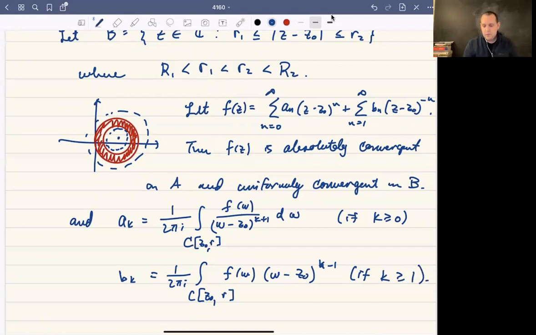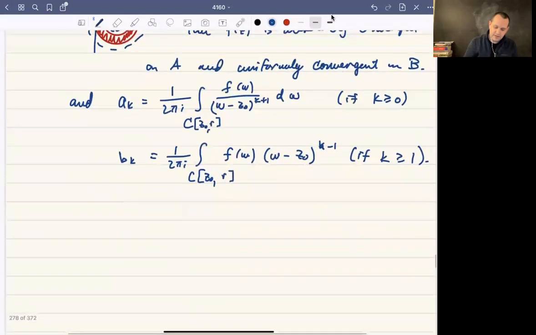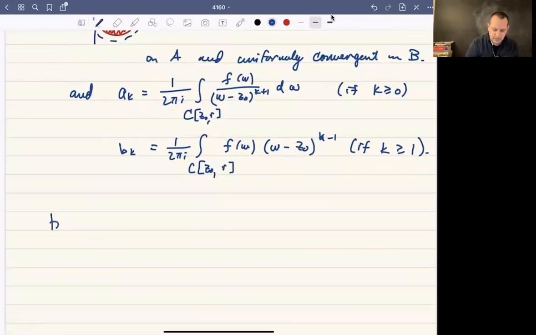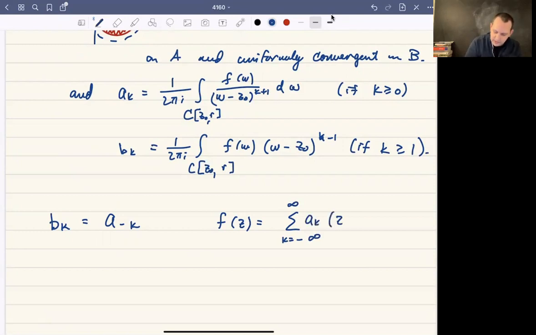One of the things that happens in Laurent series, and I should mention this, is that sometimes it's a convention to think of b sub k as a sub minus k. Then you can think of the Laurent series as the sum from negative infinity to infinity of the usual thing, a sub k, z minus z naught to the k.